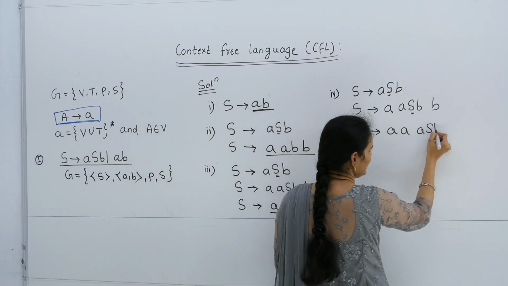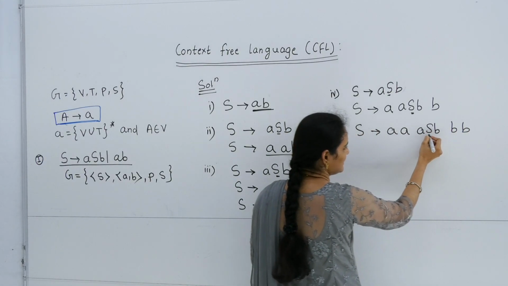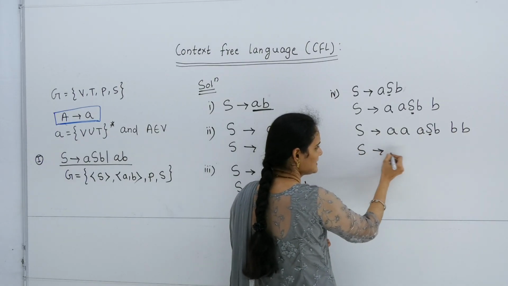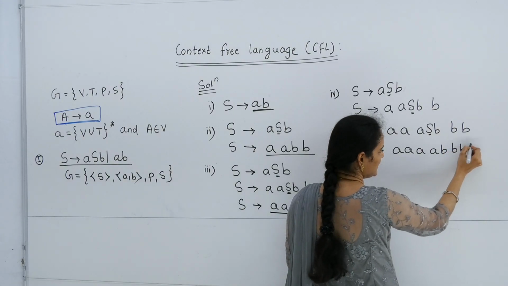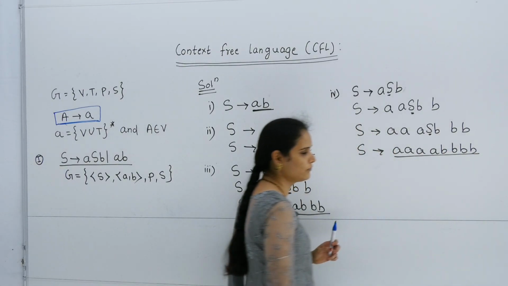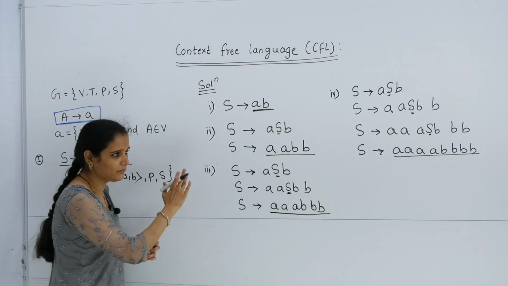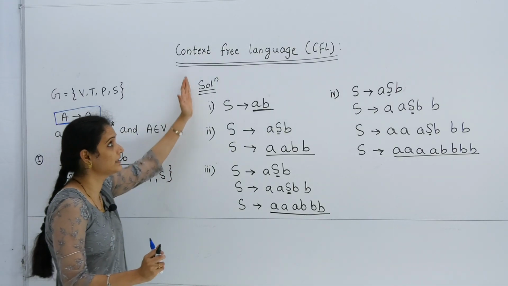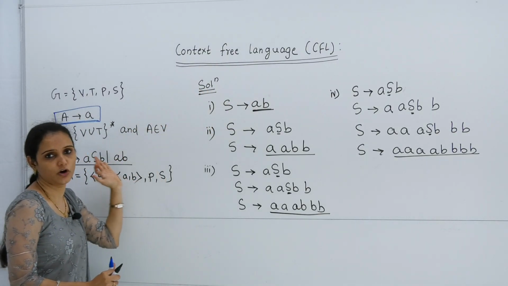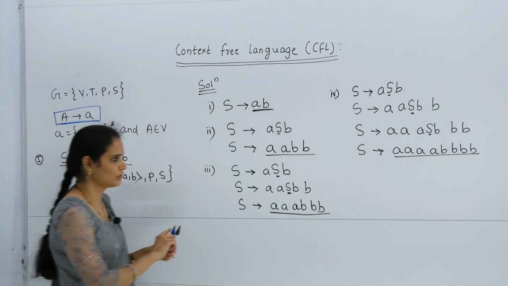So ASB, and these two B's are like this. Here S is replaced by AB and the remaining 3 B's. So that is A raised to 4, B raised to 4. If I observe these 4 strings, I can easily understand what is the context free language of the given grammar.